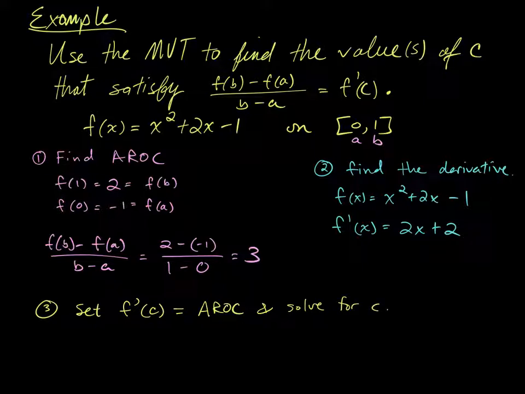So what that means is that this is the derivative here for x, but since we are trying to find a specific value of x, c, I want to use this c variable. So f prime of c is simply, this is just a variable switch here, 2c plus 2 equals 3.